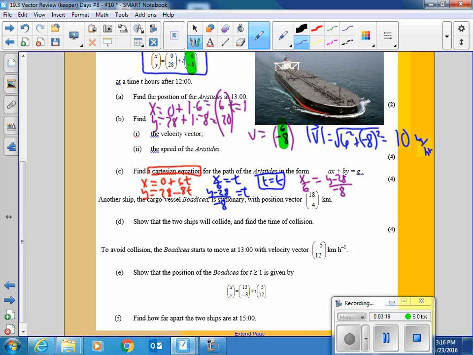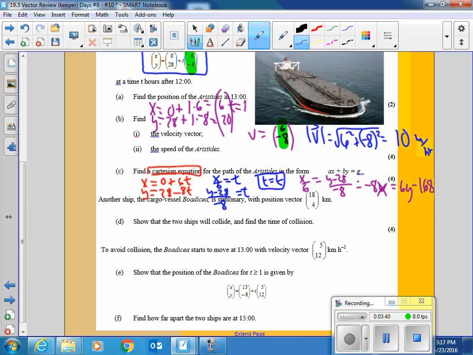You cross multiply, and you'll get negative 8x is equal to 6y minus 168.